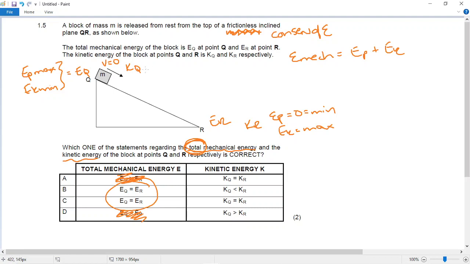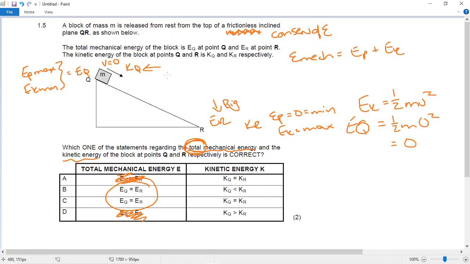However, if we look at the kinetic only, EK equals a half mv squared. So when we are at the point Q, the energy at Q is a half m0 squared, which is 0. When it's at the ground, it's going faster, so it will be a half mv squared, which means that this one must be larger than this one.